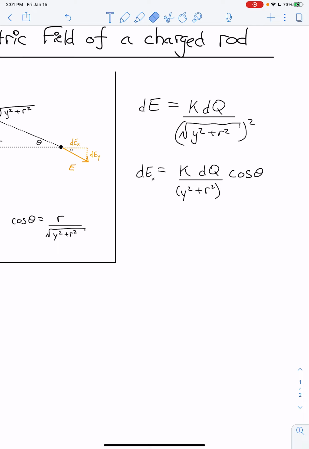Well, let's rewrite our dEx equation. And what we're going to do first is consider how to eliminate our dq term. We've got our Coulomb's constant. Now, what's our dq term going to be?